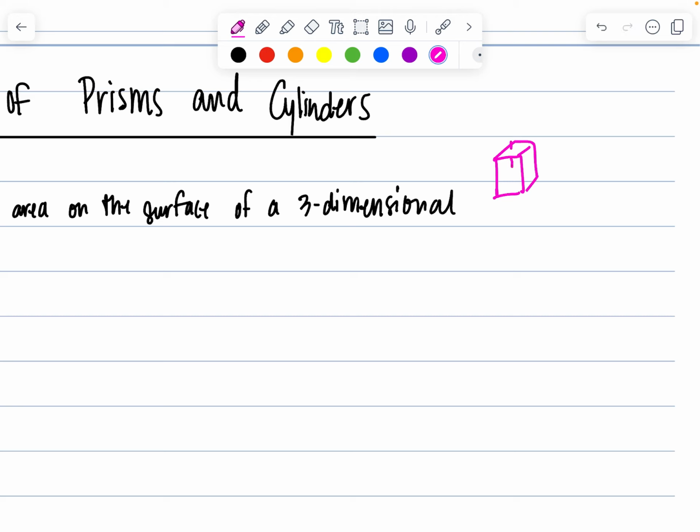Here's our cube. It's the outermost part, so we have 6 sides to the cube. And we would calculate the actual area of each side. So 6 sides times the area of one of those squares, you'd get your total surface area.